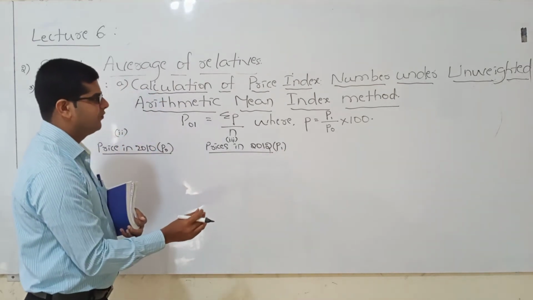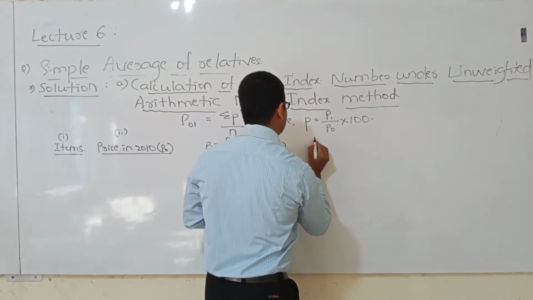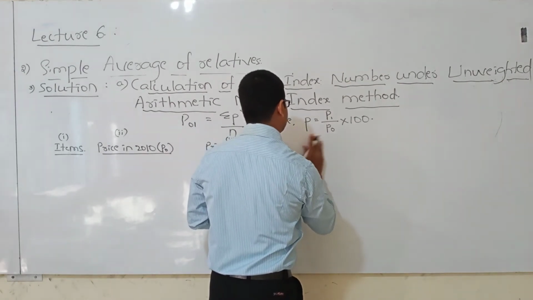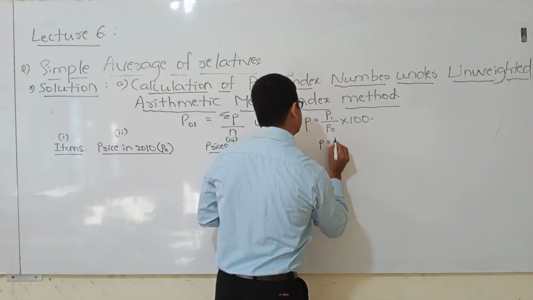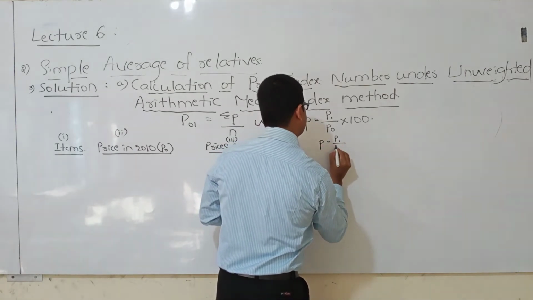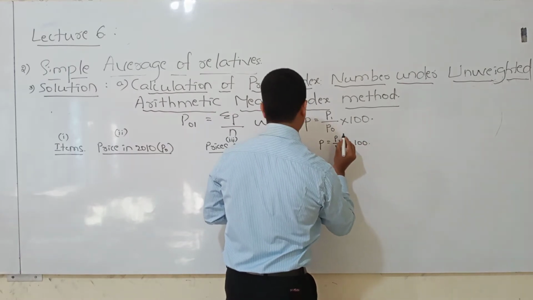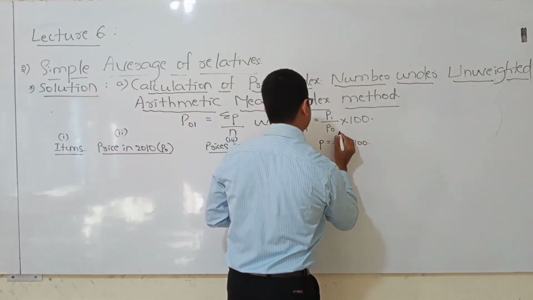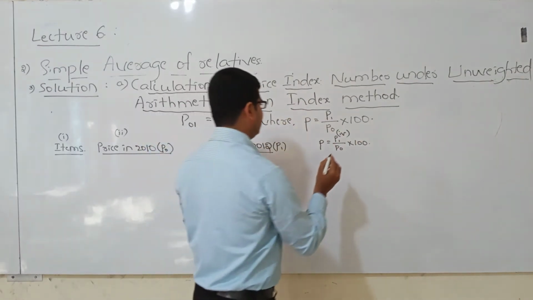What we need? We need P. So I take column number 4, that is P is equal to P1 divided by P0 into 100.